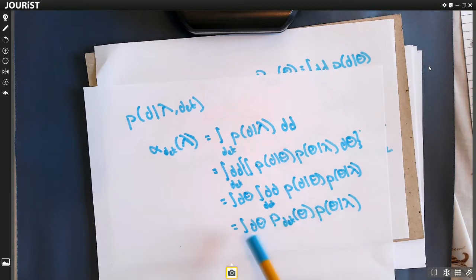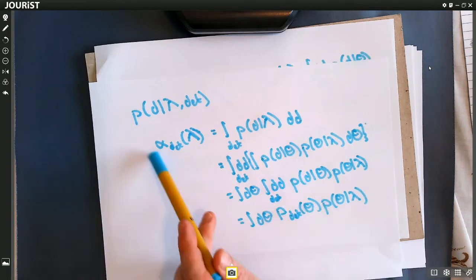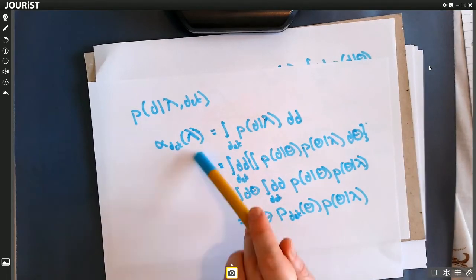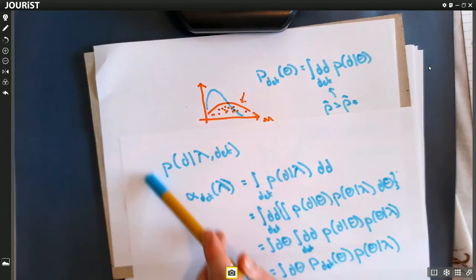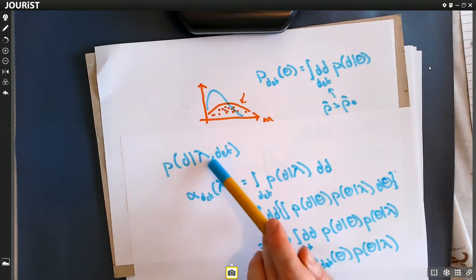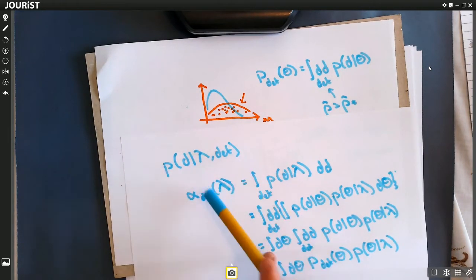Integrate that over all values of theta, and that gives us alpha det. Okay, so alpha here determines the detectability of our population. We're saying we want to calculate a new likelihood, the probability of getting the data given our value of lambda, and the fact we have a set of detections for this. We're going to renormalize things by this weighting. How do things actually work out?